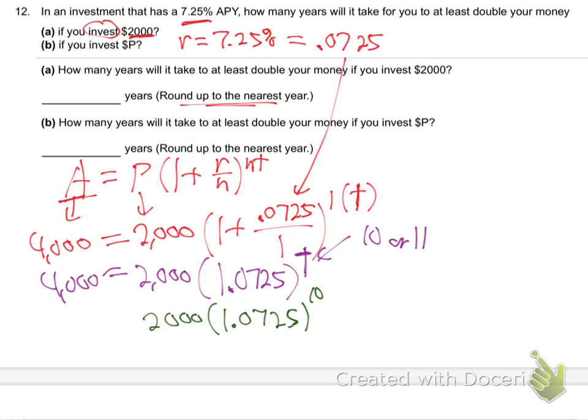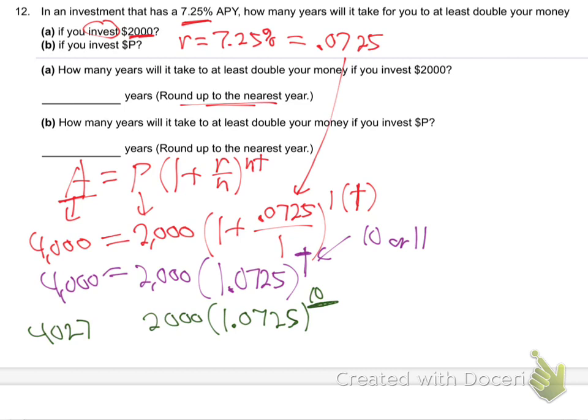I'm betting yes. It barely does: 4,027. That's our answer. It worked, which means 10 years doubled our money.